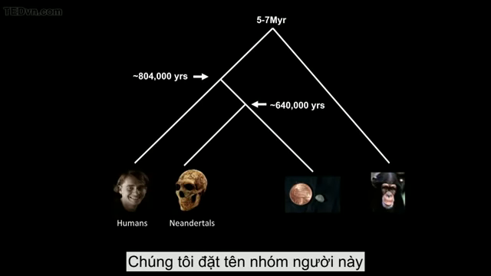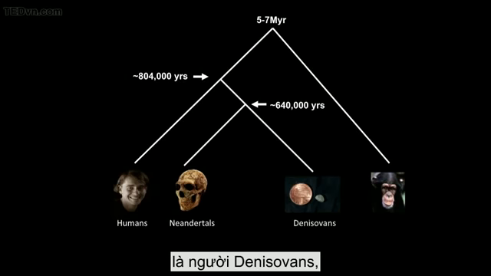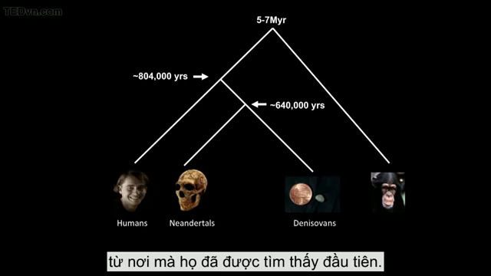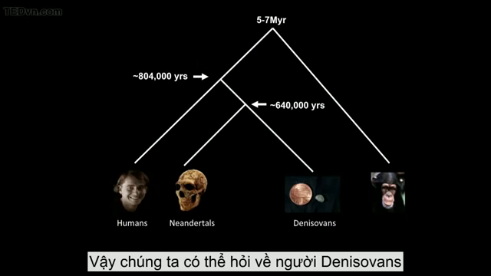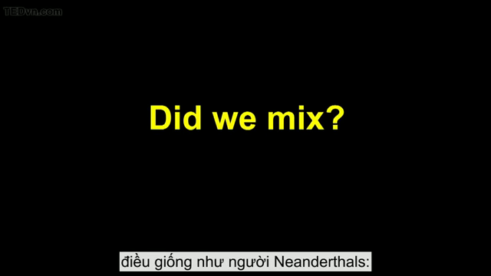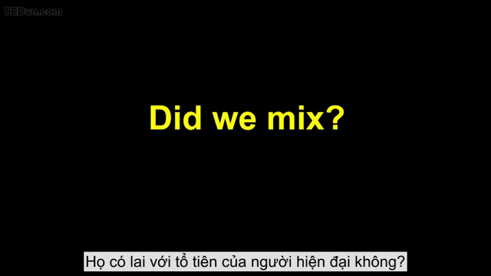We call this group of humans that we then describe for the first time from this tiny, tiny little piece of bone Denisovans after this place where they were first described. So we can then ask for Denisovans the same things as for the Neanderthals. Did they mix with ancestors of any of the present-day people?